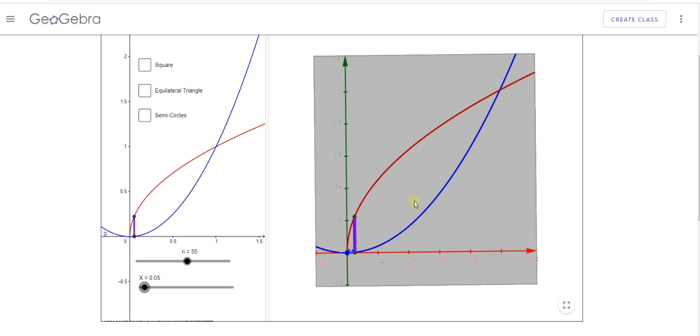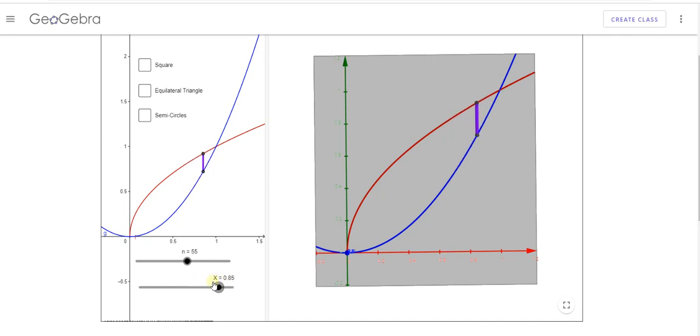The graph on the right side is the same as the one on the left. As I move to the right, look at how the heights of the rectangles change depending on how they are bounded between the upper and lower boundaries. And there you go, stop there.